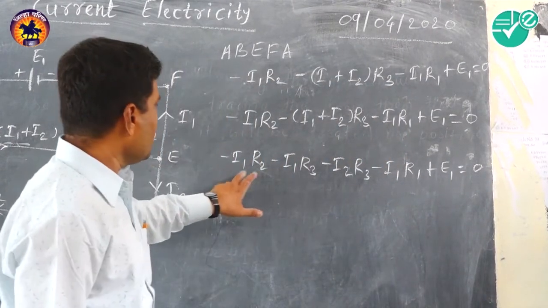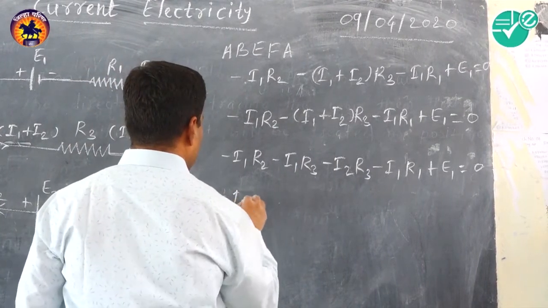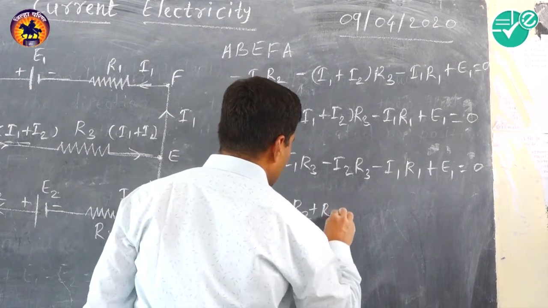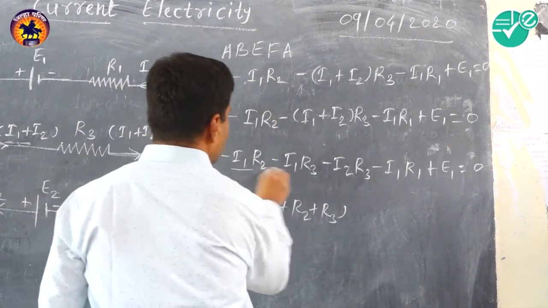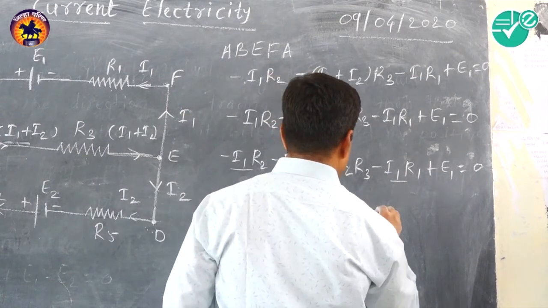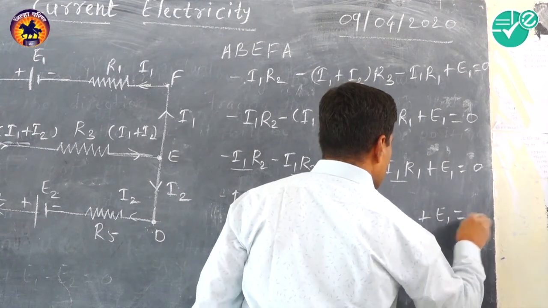Here I1, here also I1, and here also I1. If you take minus I1 common, you will get R1 plus R2 plus R3 for the first, second, and third. And what will remain? Here the remainder will be minus I2 R3 plus E1 is equal to 0.